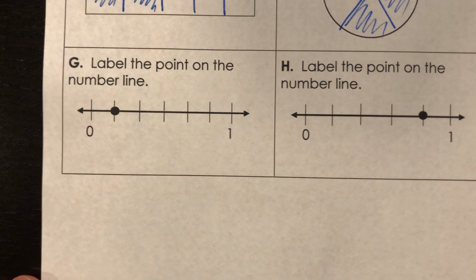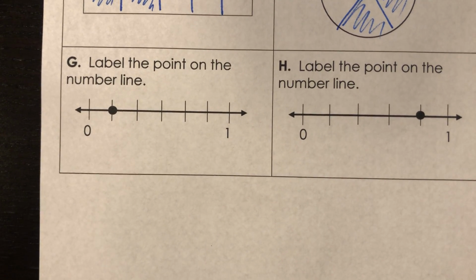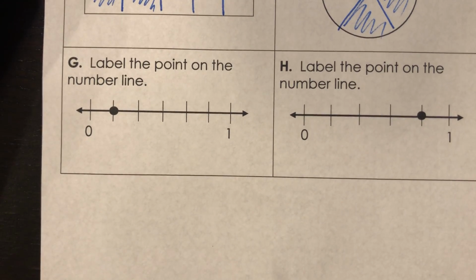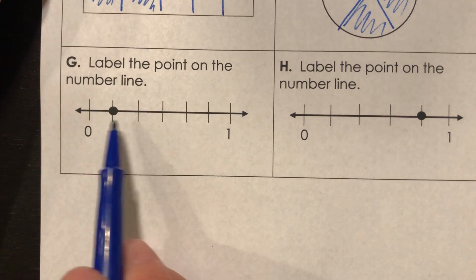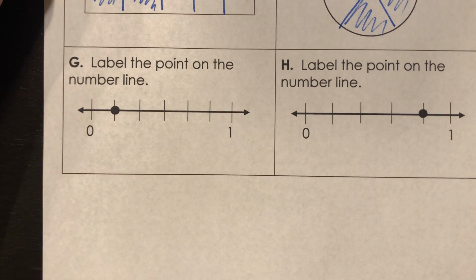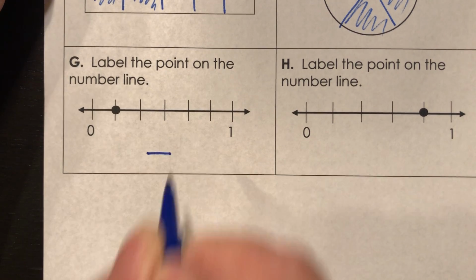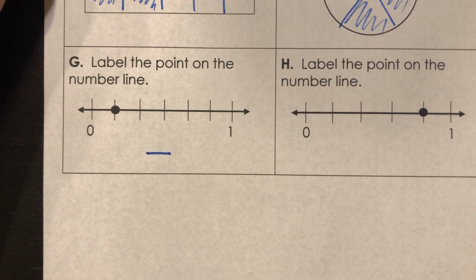All right, 2 left. This time, instead of having to chop up the number lines, I ask you to label the point that's given on the number line. Now here's 0, here's 1. I know this is going to be a fraction because there aren't any other whole numbers between 0 and 1, right? So this has to be part of the whole. I'm going to start with a denominator. The denominator tells you how many pieces the whole is cut up into.